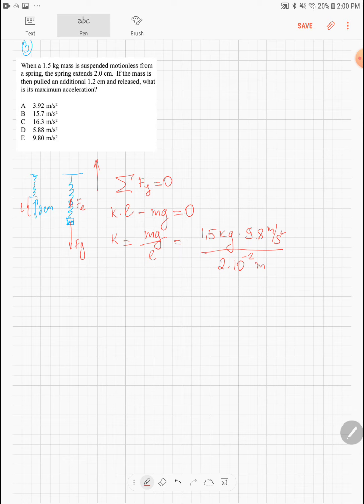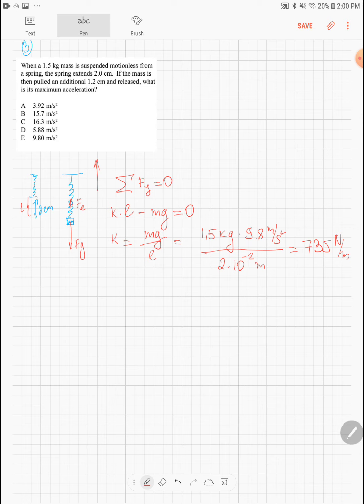Using my calculator, I obtained 735 newtons per meter.